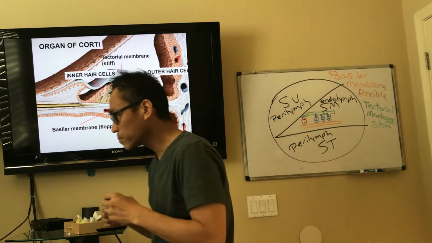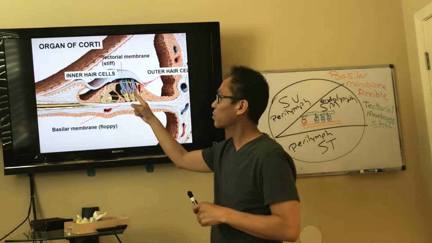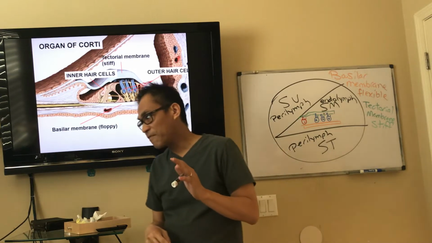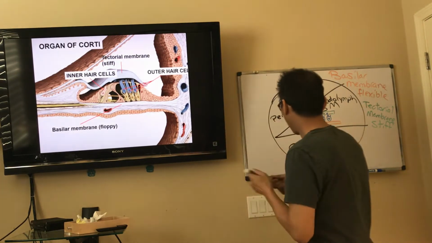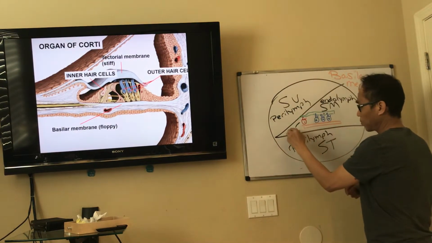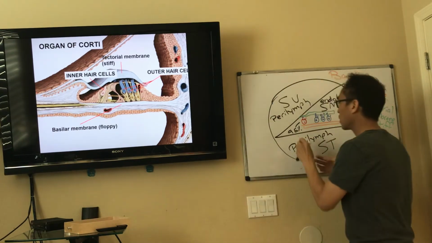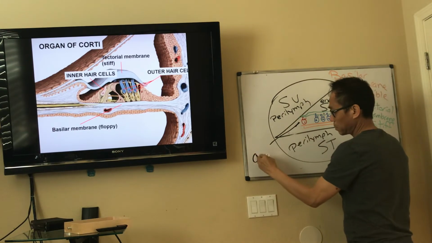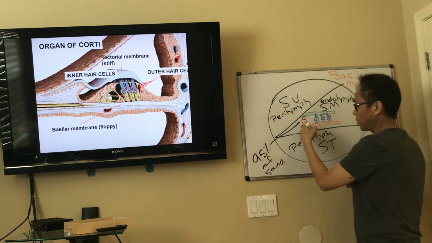Okay? And those inner hair cells, they're actually really important. Even though they're outnumbered by the outer hair cells, they're transducing about 95% of the sound that you hear. So 95% is for those guys, the inner ones. So the inner versus the outer.